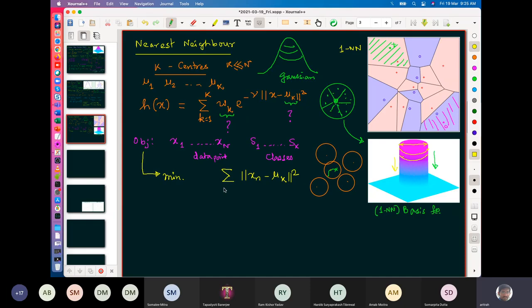This should be minimized for all points within a particular class boundary I have chosen, and it should be minimized with respect to all class boundaries for all the classes. This is what I need to choose. So if I can choose k centers in such a way that the distance of the data points that belong to a center gets minimized, and it happens for every one of them, agreed?